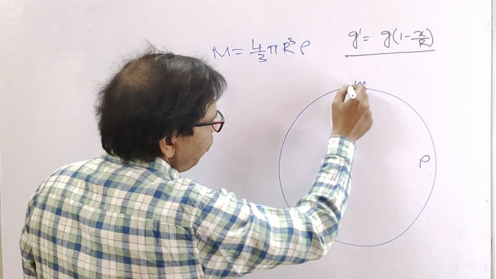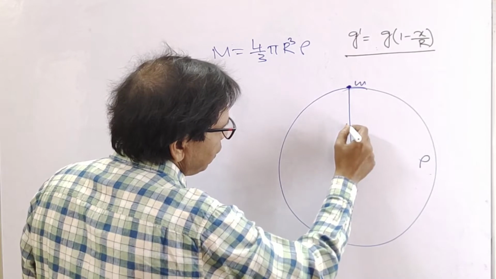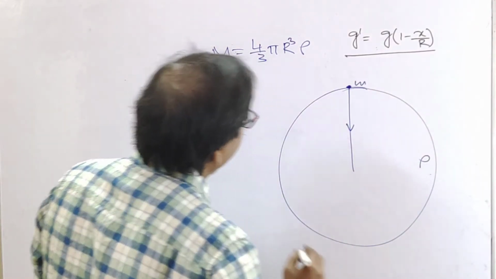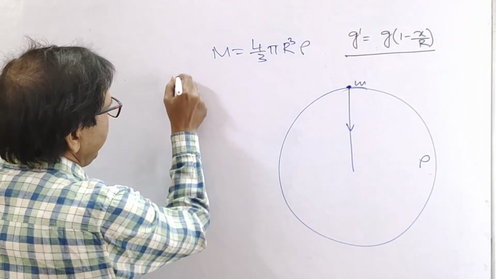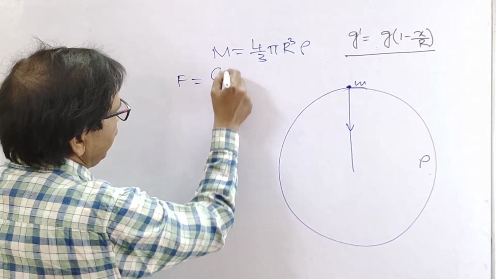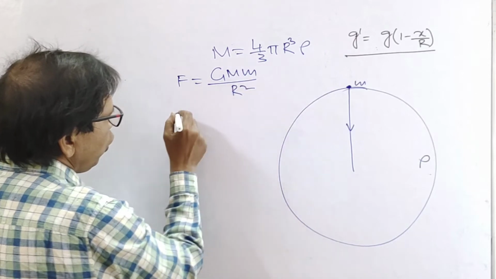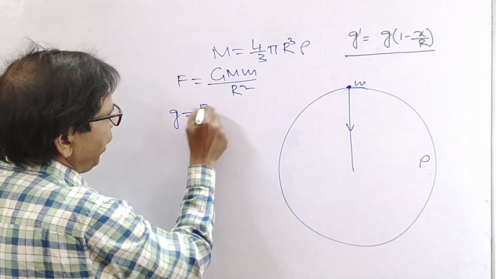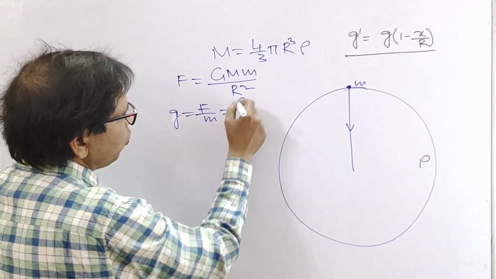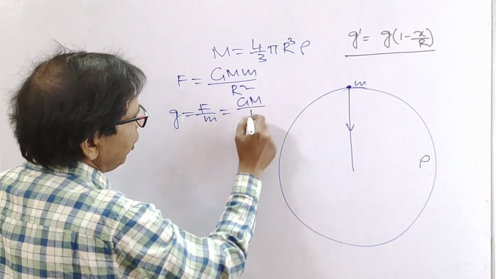The gravitational force of attraction on m on its surface is F equal to G M m divided by R square. So g equal to F by m, this equals G M by R square.